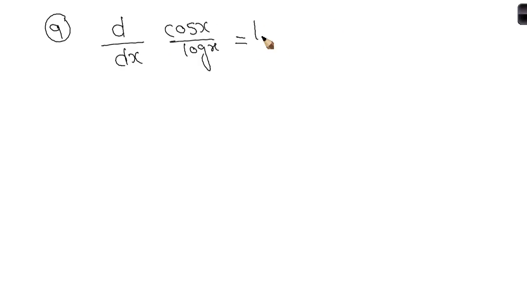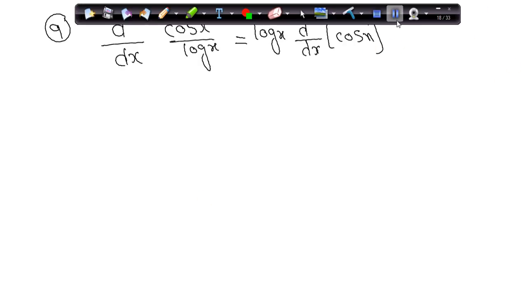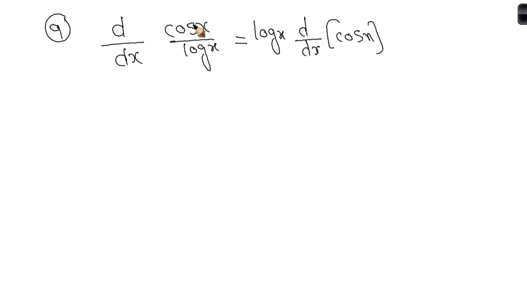So the derivative of cos x upon log x would be log x into the derivative of cos x minus cos x into the derivative of log x, upon log x whole square.